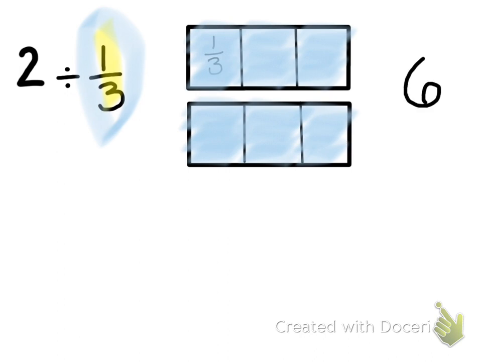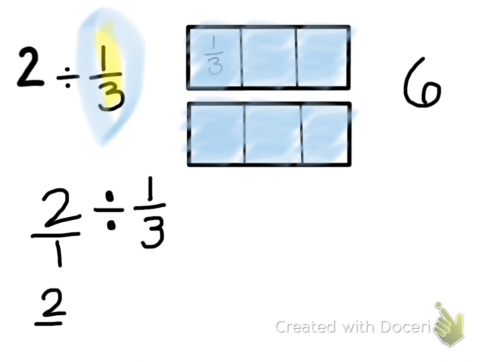Okay, let's check our work how we did before. Here's the original problem. I'm going to turn my 2 wholes into a fraction by rewriting that as 2 over 1. Again, I can do this because it does not change the value. It's still 2 wholes. Now, following the rules, the first number stays the same. I turn my division into multiplication.